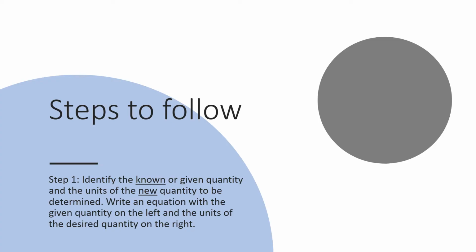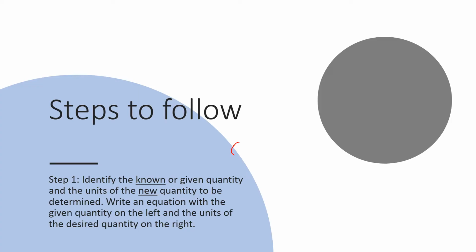Number one is to identify the known, or given quantity, and the units of the new quantity to be determined. Write an equation with the given quantity on the left and the units of the desired quantity on the right. So basically what you're going to do is identify the known or given and then what you want to convert it to.